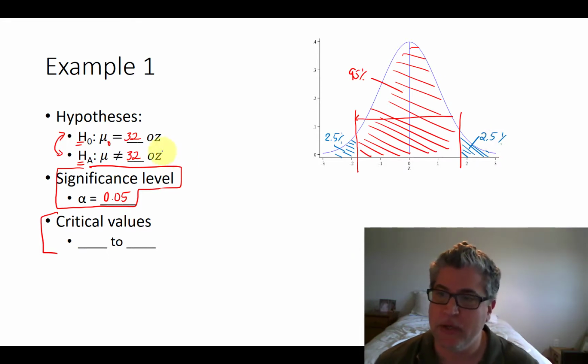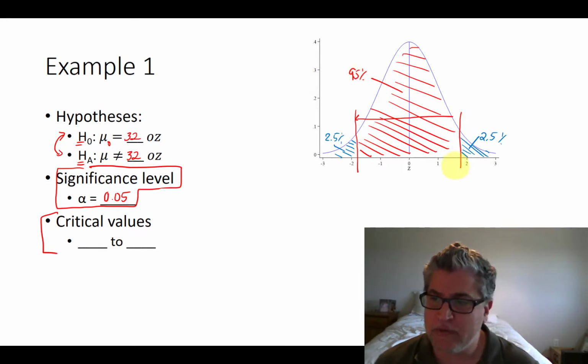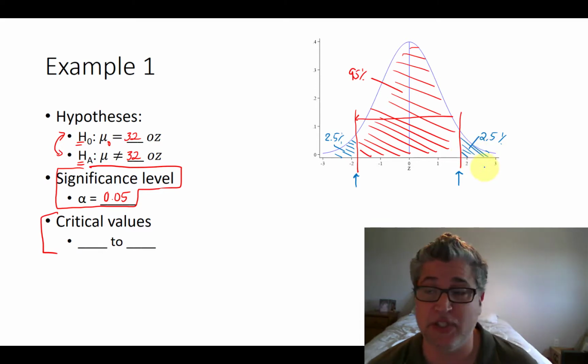All right, so 2.5 and 2.5 is 5, plus 95 gives us our 100%. Now our critical values are going to be these two particular numbers. How far away from the mean do we need to be until we're in the small tails of this distribution?